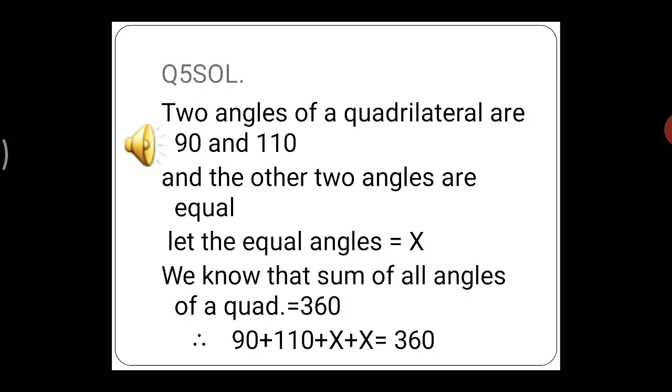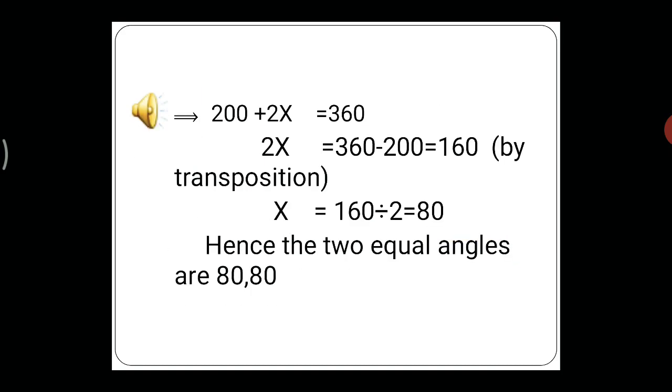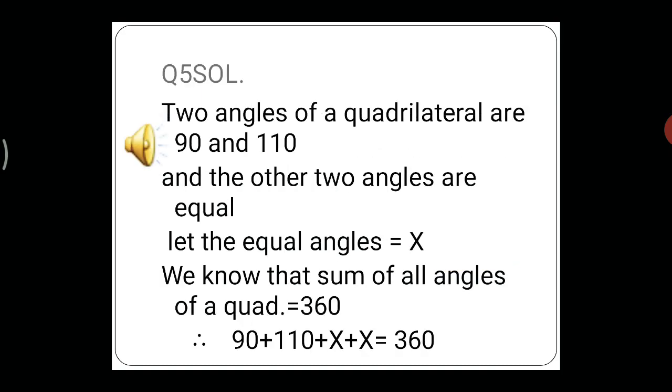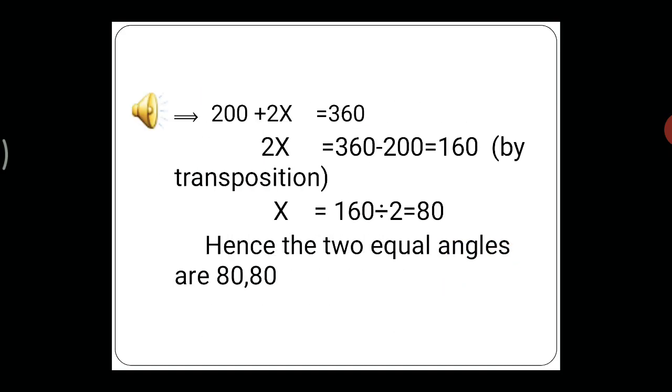So 90 plus 110 degrees plus x plus x, that will become 360 degrees. While adding the previous terms, 90 plus 110 will become 200, and x plus x will become 2x. That is definitely equal to 360 degrees.